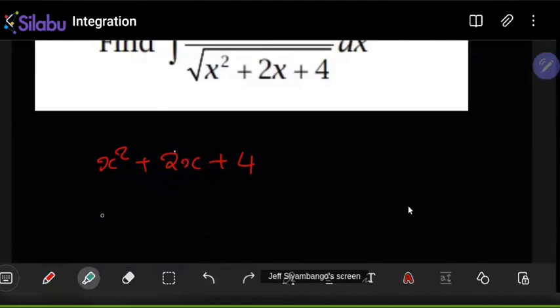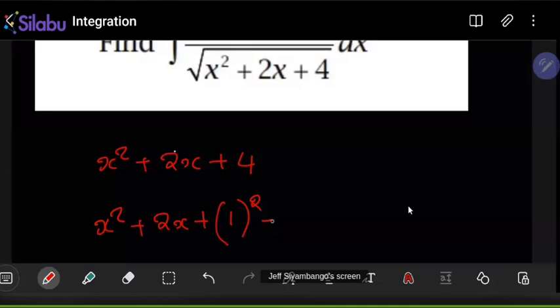Get half of it, square it, add it, subtract it. So I have x squared here plus 2x. The coefficient here is 2, so I'll add it first. Then I'll get half of 2, which is 1, including its sign. It's positive, so I get positive 1. So half of 2 is 1. I'll square it. Then I've added there. Now I'll subtract it. So this is squared again. Now I'm subtracting. Then plus 4.